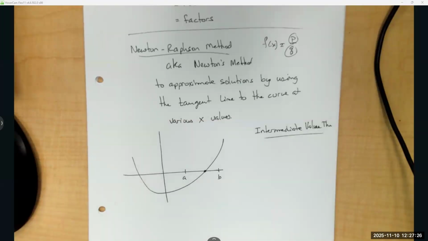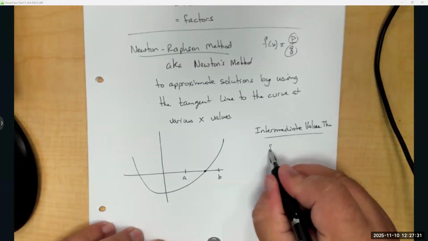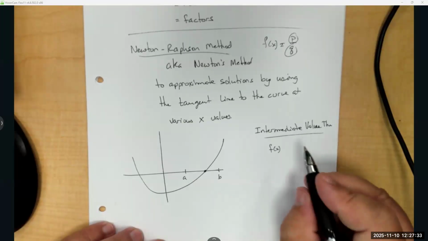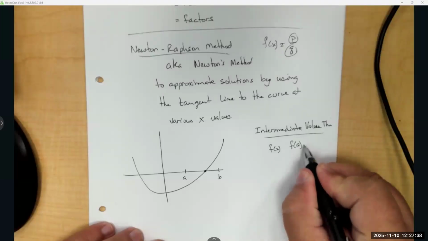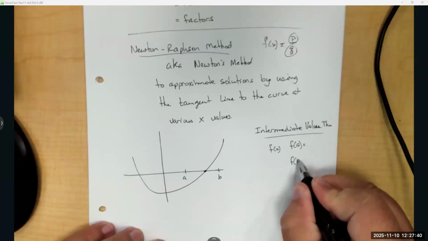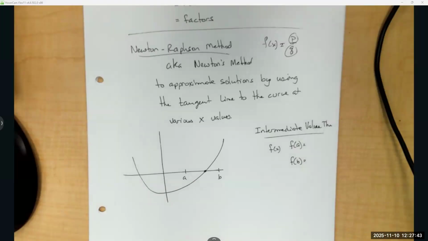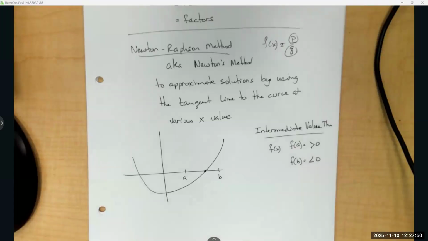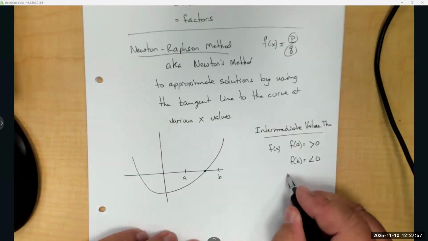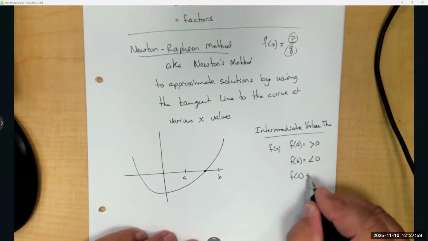Remember what that told us? It said if we plug in two values in our domain, and one side is positive and one side is negative, then between A and B there has to be a C where f of C is equal to 0.